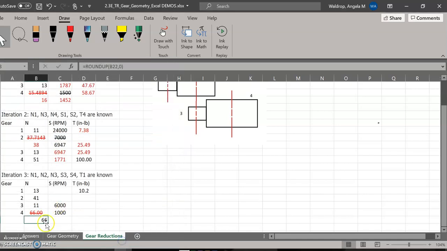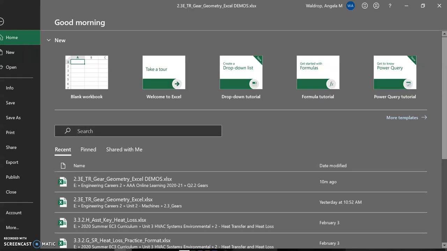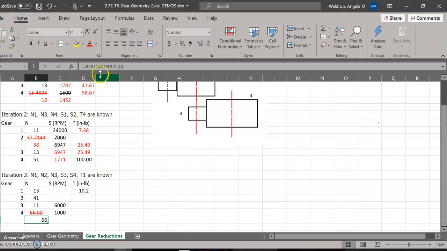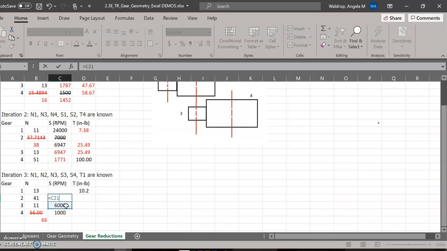So again, in this case, with these particular numbers, it is fine. But we need to make sure that in case it doesn't, we've already accounted for that. And if that's the case, then our speeds are going to have to change. Well, we'll leave these speeds alone and we'll make that equivalent.